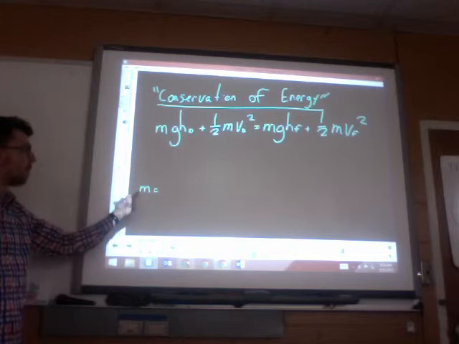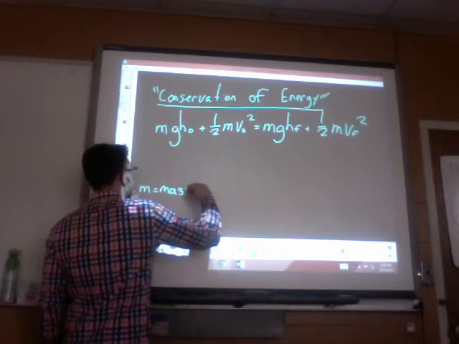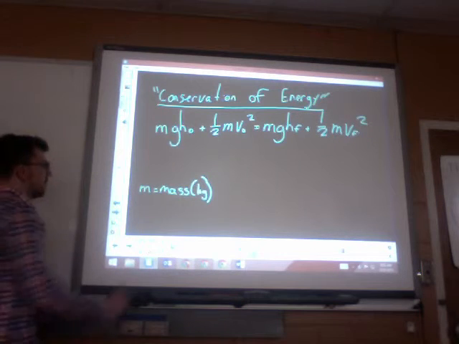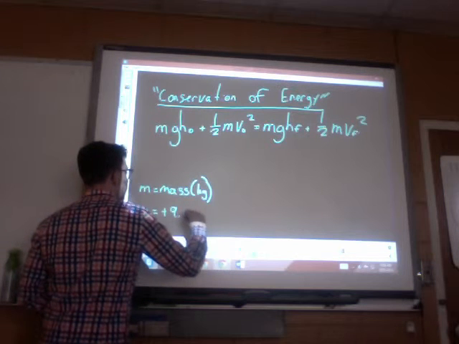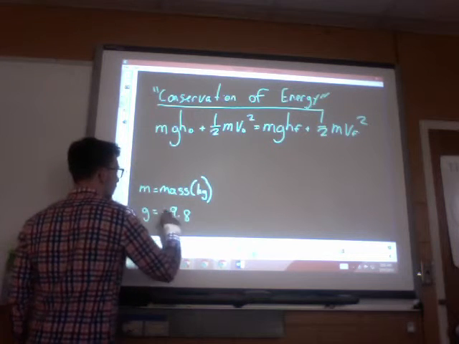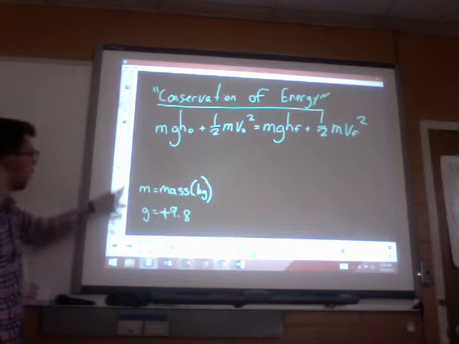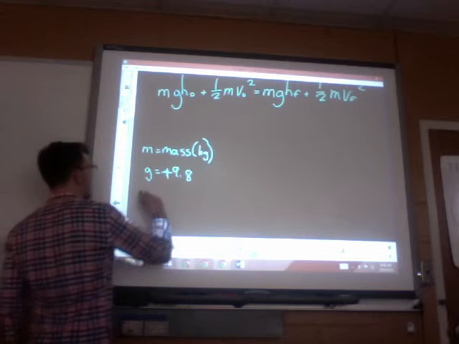So M is easy, you guys know that already. It's mass, 2 kilograms. G, we just talked about it. It's just going to be plus 9.8. We don't really need to talk about the meaning for this final. H is height.